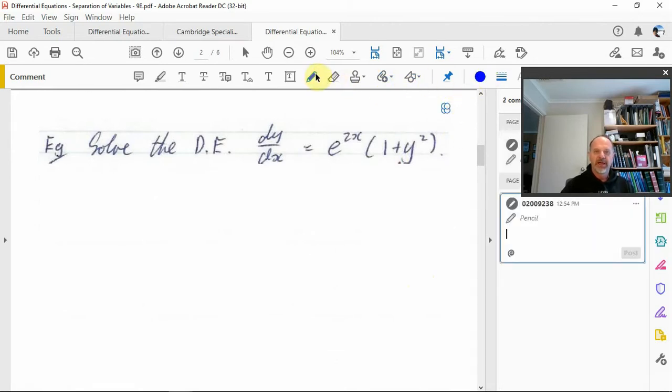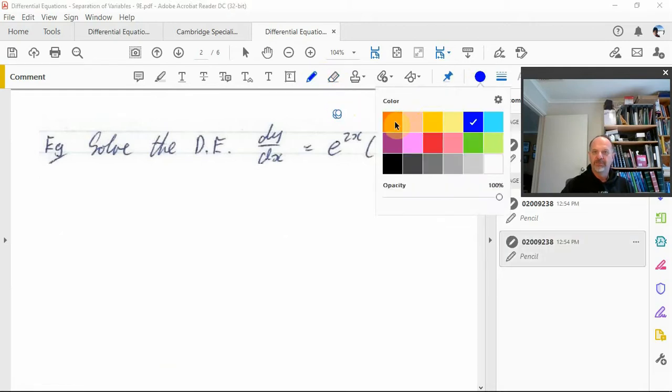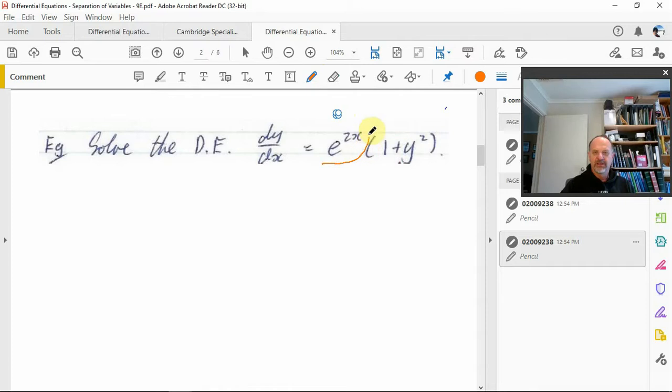So this here, that's our function in terms of x, whereas this one here, that's our function in terms of y.